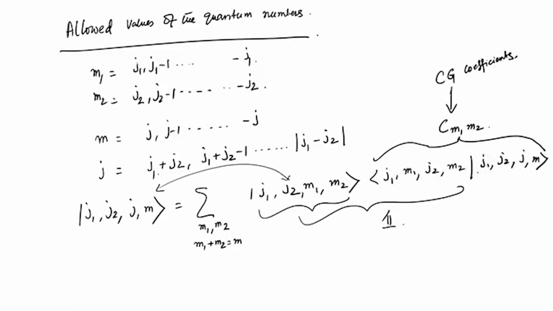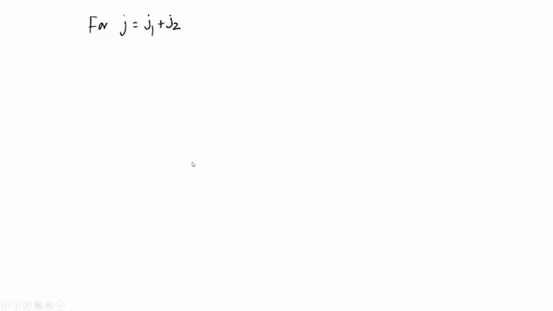Let us take J equal to J1 plus J2, right? That is the maximum value. We have said that here. It is J1 plus J2, that is the maximum value, and the minimum value is J1 minus J2. So, this is the maximum value.